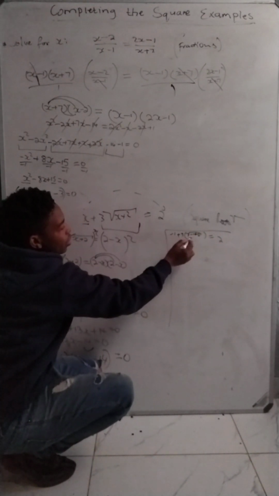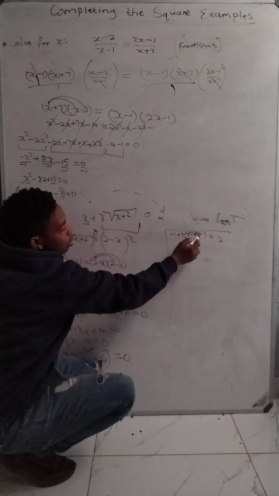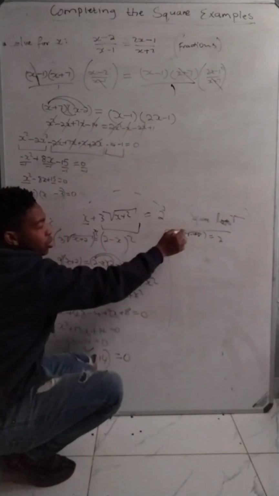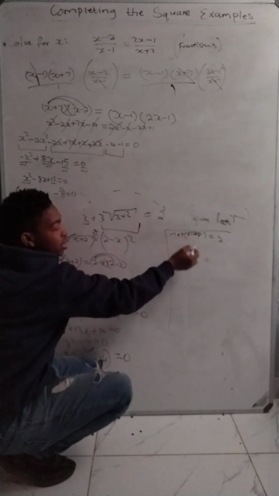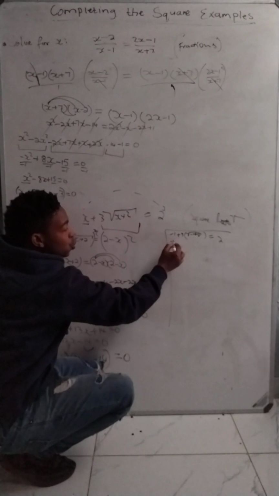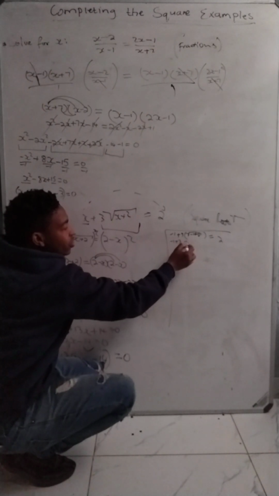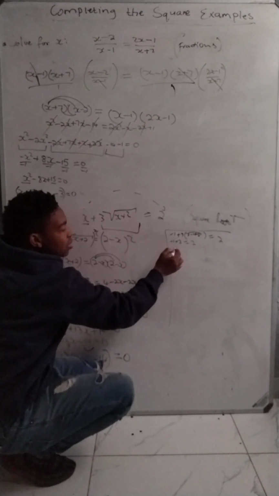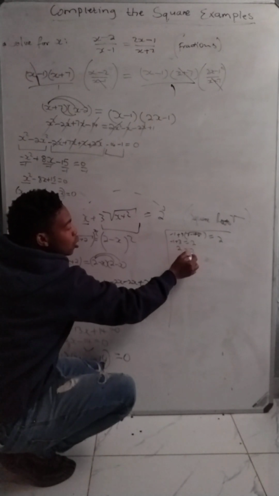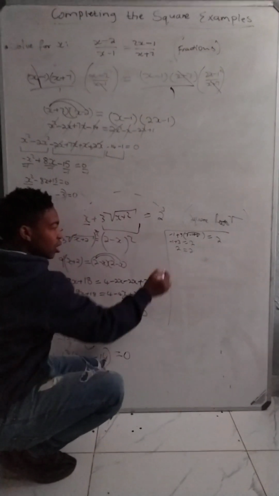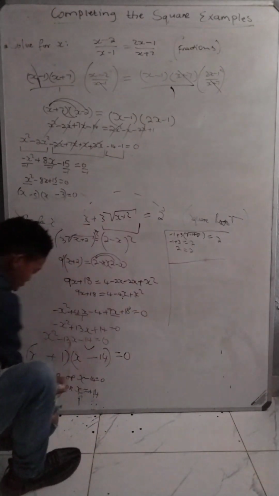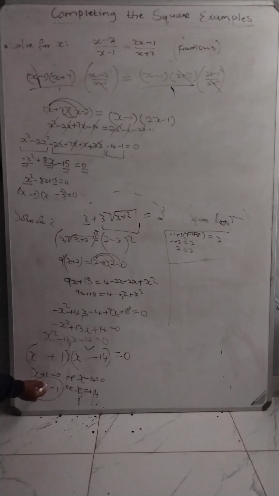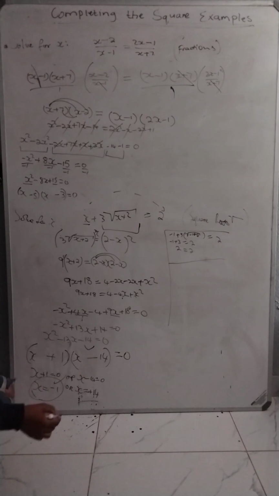So this side will be having minus 1 plus 2 is positive 1. Square root of 1 is 1. 1 times 3 is 3. So having minus 1 plus 3 is equals to 2. So 2 is equals to 2. So meaning x is equals to minus 1 is correct. Let's see x is equals to positive 14.